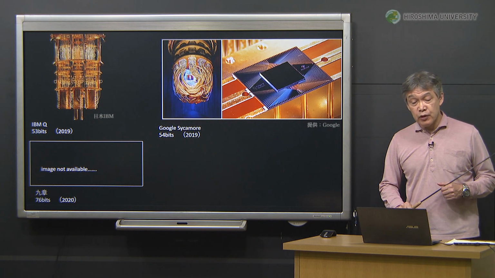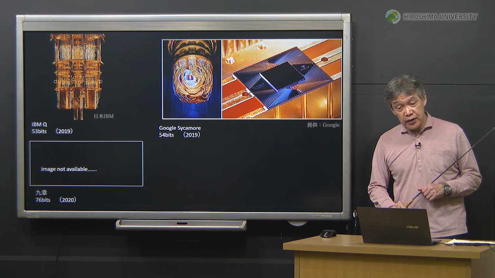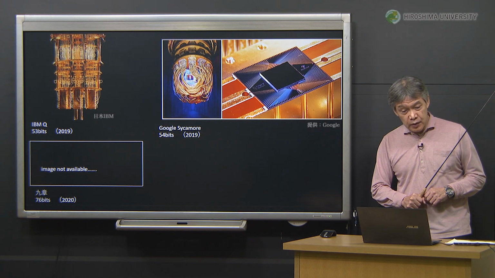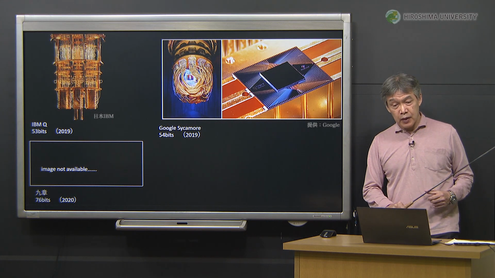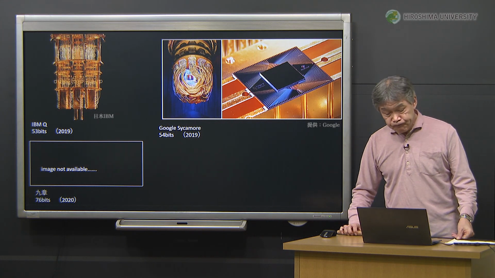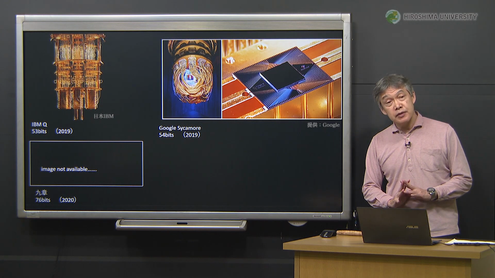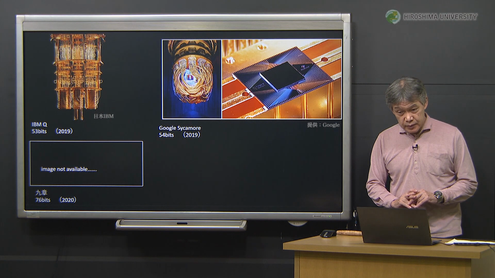That was 54 qubits in 2019. Then another one developed in China was said to have about 70 qubits in 2020. So this is the state-of-the-art technology for general purpose quantum computers.